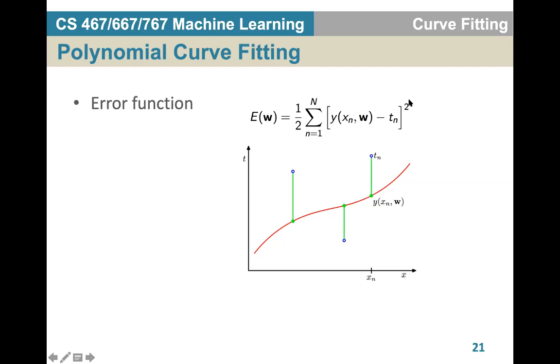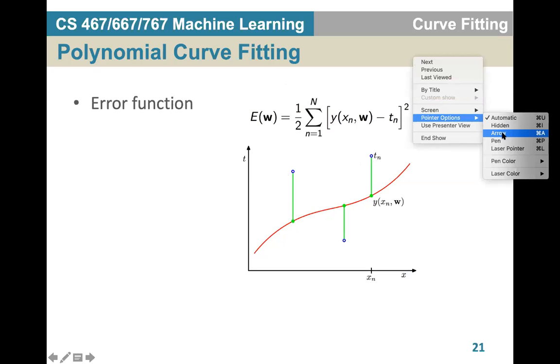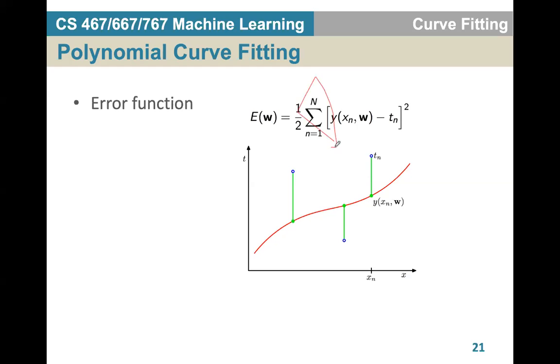This particular error is very popular. It's called the sum of squared error. It is a sum over all the data points. Here we have three data points, and for each we have the difference between the prediction and the true value, but we square it. You may not have to square it; you can also use the absolute value, which is the length of the bar. Here, this is called the sum of squared error.